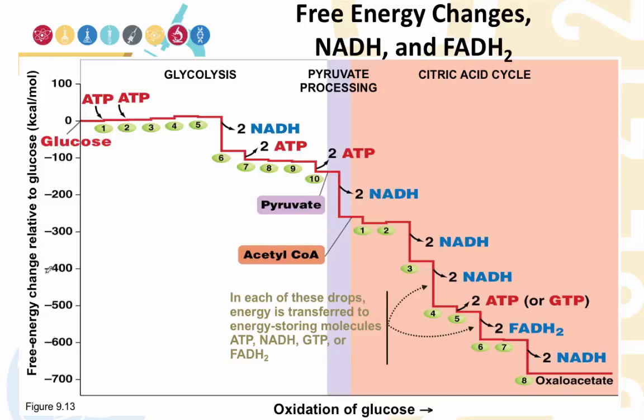If you look at an energy diagram for the process of glucose oxidation, where free energy change relative to glucose is depicted on the y-axis, and the oxidation of glucose is represented on the x-axis, we can see glucose at 0 kilocalories per mole because none of the energy contained within glucose has yet been released. Each molecule of glucose that is oxidized reduces 10 molecules of NAD to NADH.